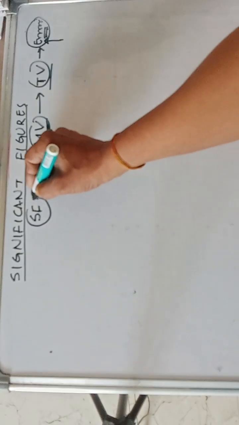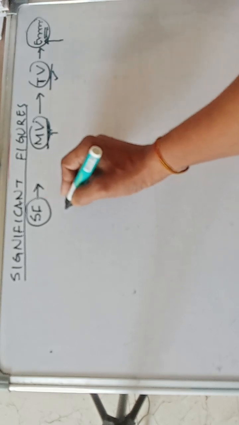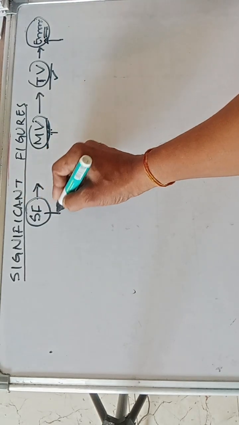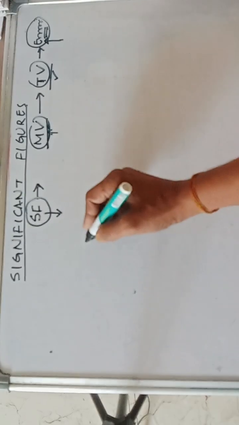For that, we have identified one number, that is significant figures or significant digits, that will be very near to the true value. In that case, error is very less.